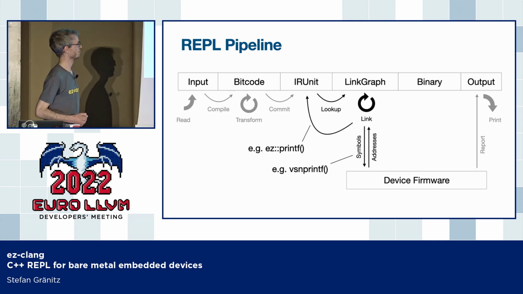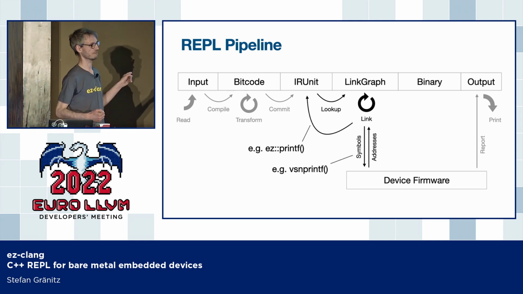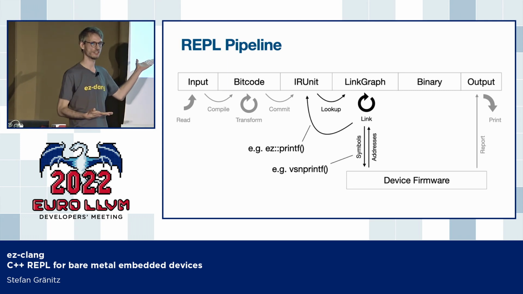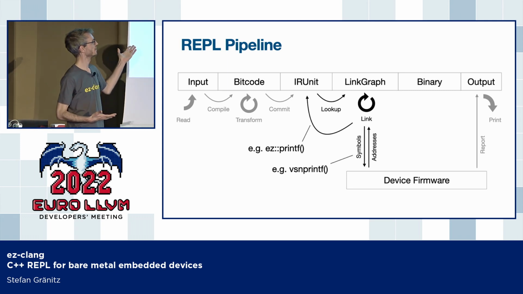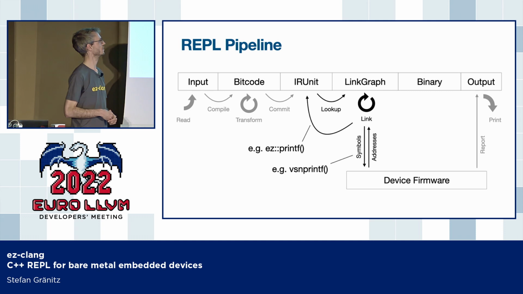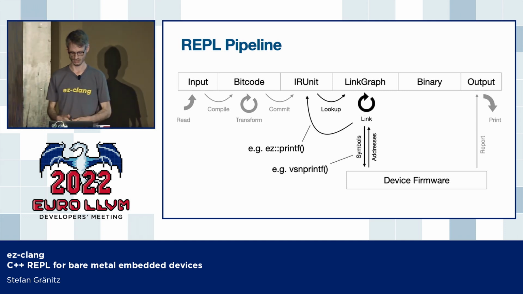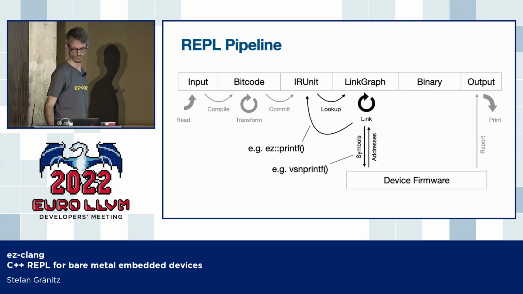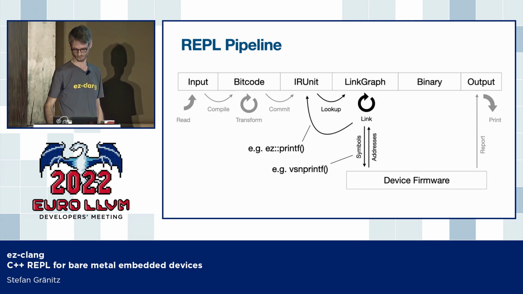For symbol resolution, we first look up symbols in previous compile units, like previous commands that happened in the REPL. If we have unresolved symbols, we will ask the device firmware if it knows any of those. And last but not least, we will look into static archives that we provided through the REPL through the load command. And there are a few examples for that written here.